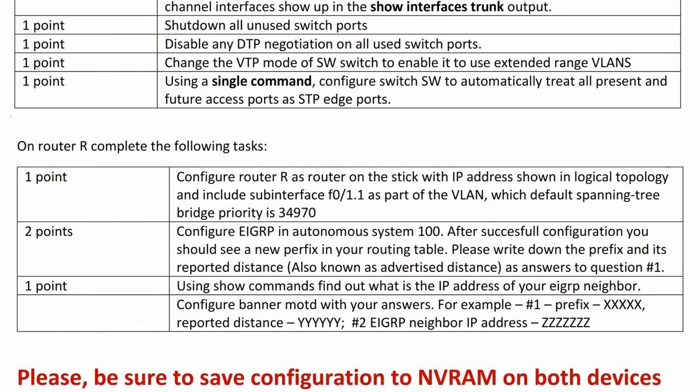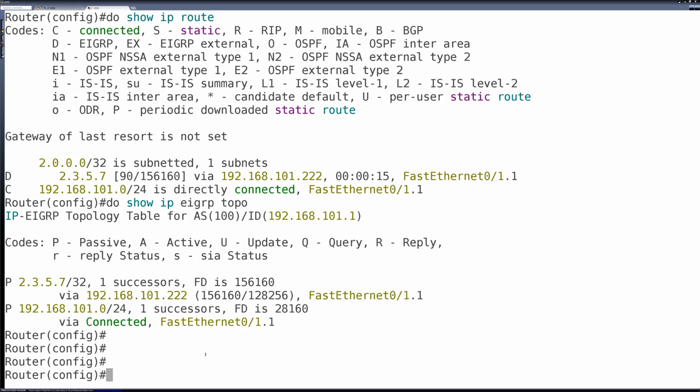And finally, the last task. We have to find out what is the IP address of our EIGRP neighbor. In fact, I don't have to do anything. I have all on my screen right now, and our EIGRP neighbor is 192.168.101.222.